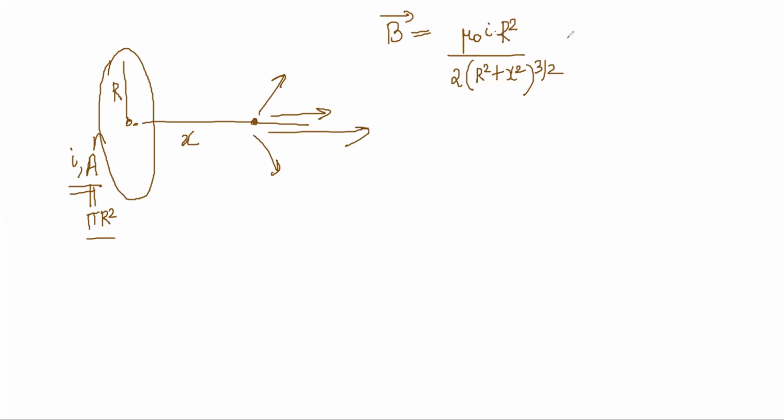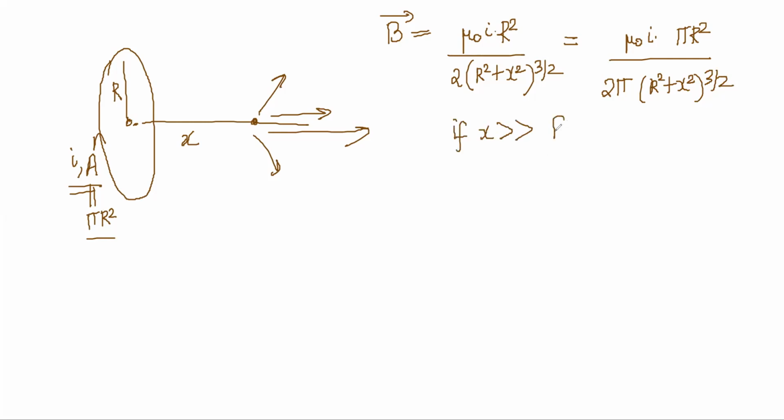Now, here, if you notice, I can make this formula very similar to my formula for the electric dipole. How? By doing this: mu naught I into pi r square by 2 pi r square plus x square to the power 3 by 2, right? And if x is greater than r, it is a far off axial point.